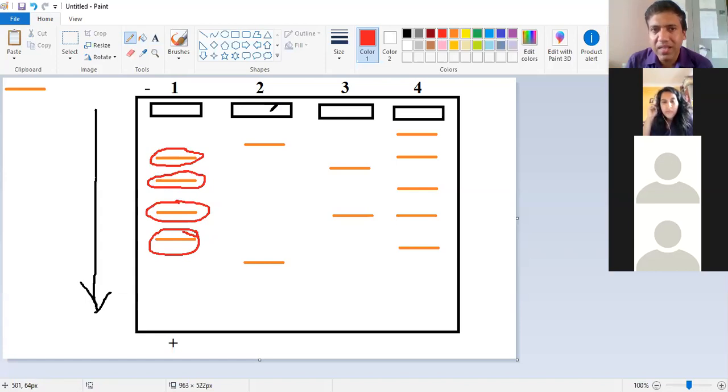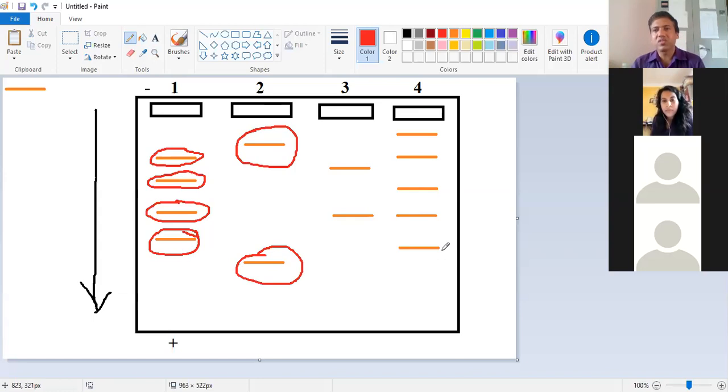In the second sample, you have only 2 types of DNA molecules, this is the smallest one, and this is the biggest one.